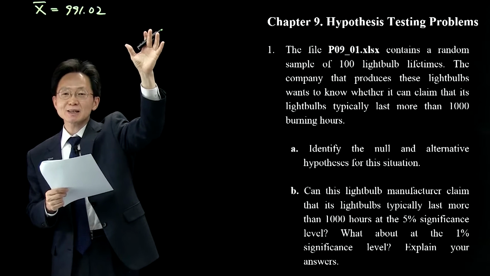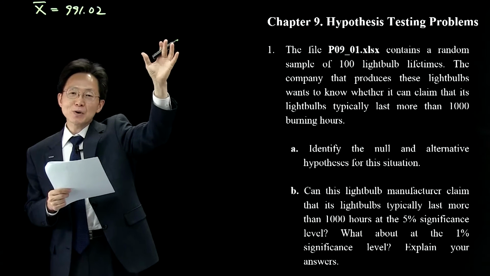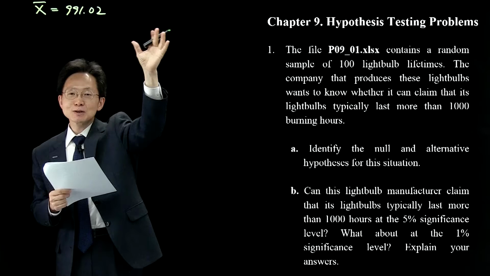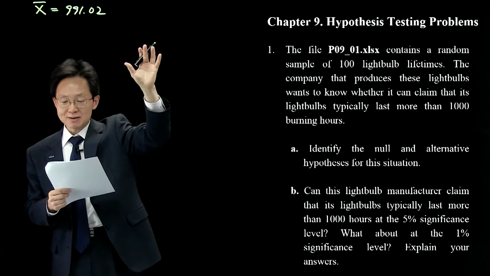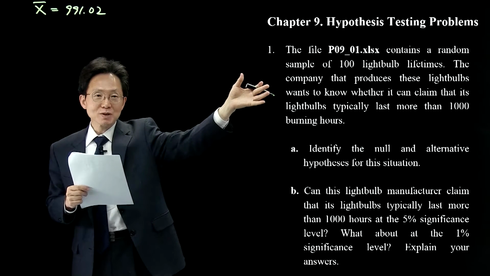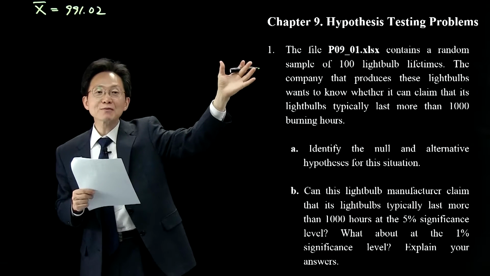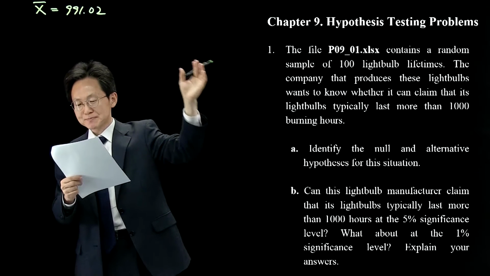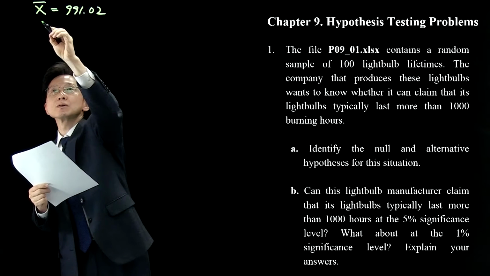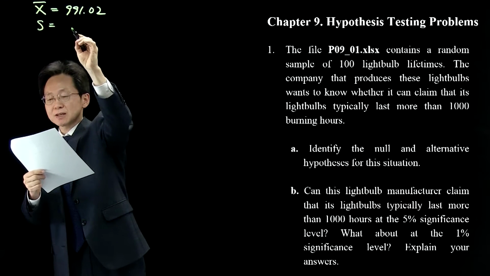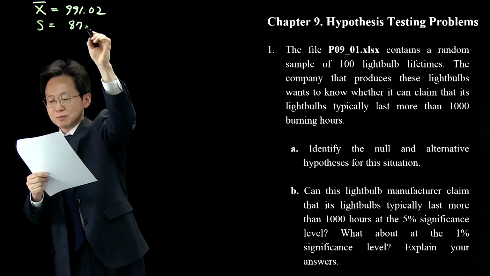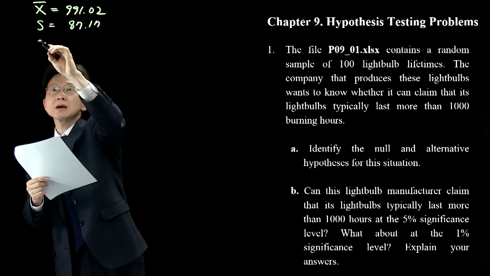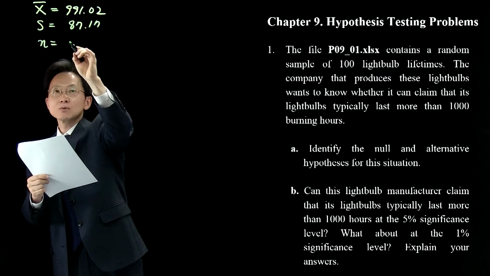We used that for battery life for iPhone, but that's exactly the same data file. In this case, now let's assume that it's a lifetime of light bulbs rather than battery lifetime. And then we already know that the standard deviation is 87.17 and n is 100.